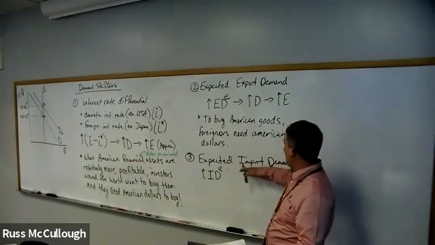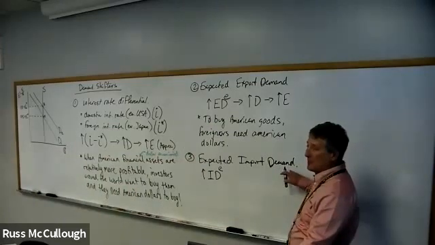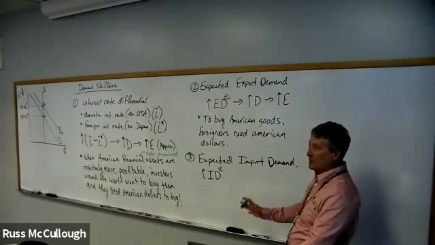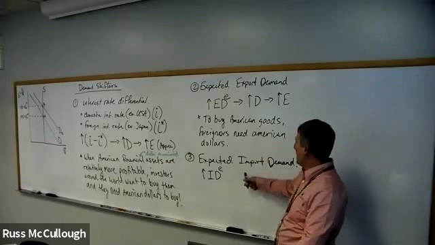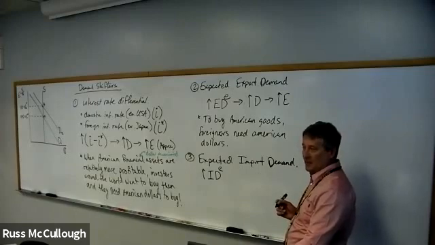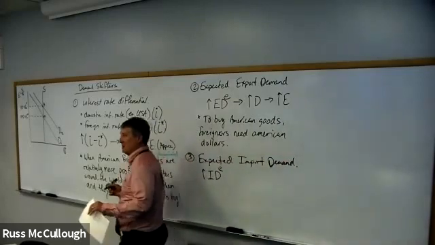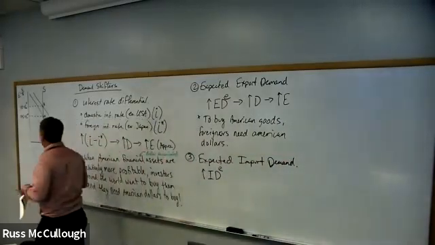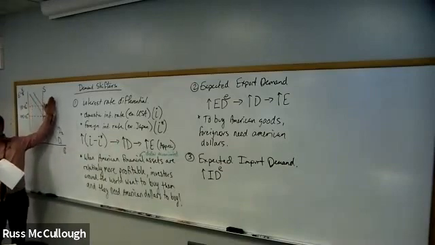So if we have expected import demand, are we going to be supplying more dollars to the foreign exchange market, to the Forex market, or pulling them back? We're going to be buying more from other countries. In order to buy more from other countries, do we need yen? Do we need euros? Yes. So the supply would actually be going this direction.